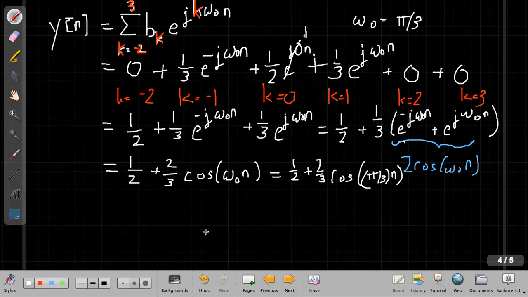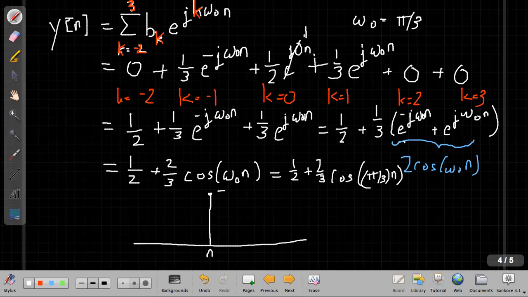And I can go through and plug in one value at a time for n to get this system. I've already sort of done that ahead of time. I know what it's going to look like. And so I'm just going to sketch this out quickly. This is at n equals 0. And that's sort of what I'd expect. It's a DC plus a cosine that repeats with the same period of 6.